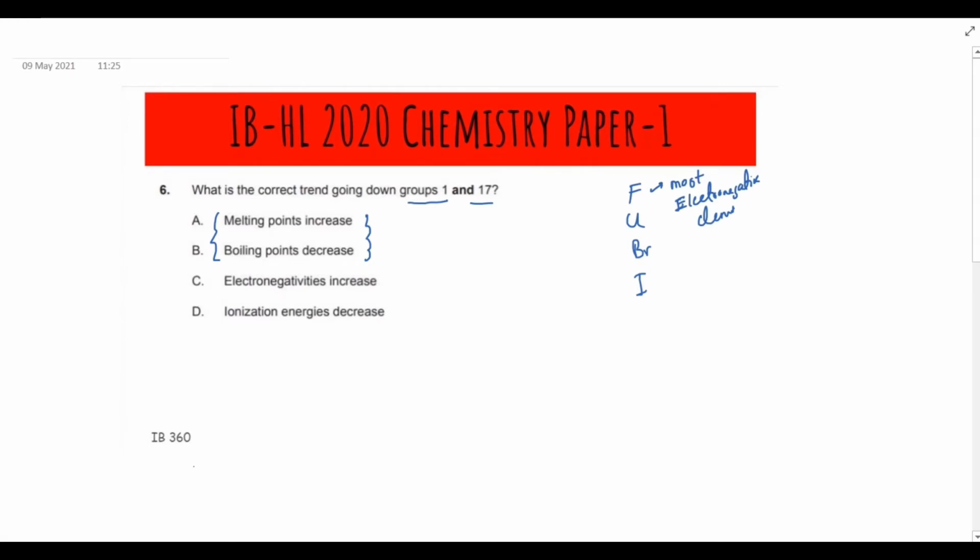So electronegativity increase would be wrong. But as we go down the group, more and more shells get added to the element. As a result, the distance between the electrons in the outermost shell and the nucleus increases, and the ionization energy, that is the energy to remove the electron from the outermost shell, decreases. Hence, option D is the correct answer to this question.